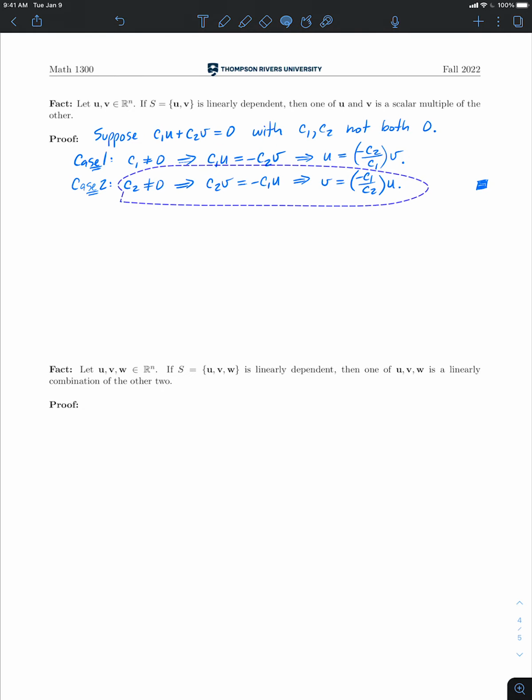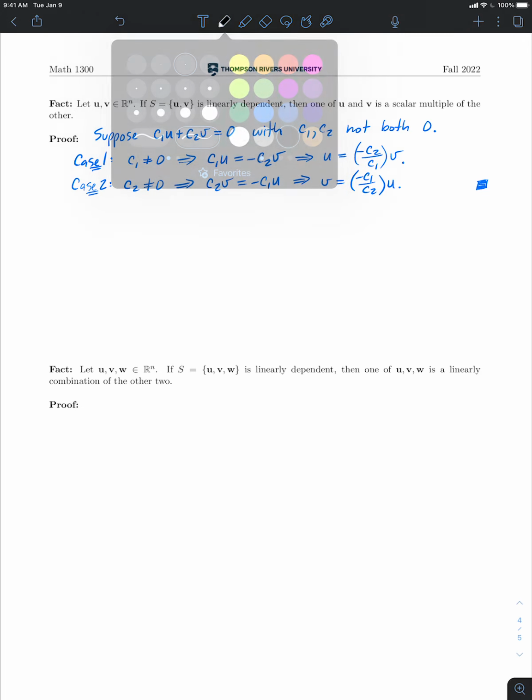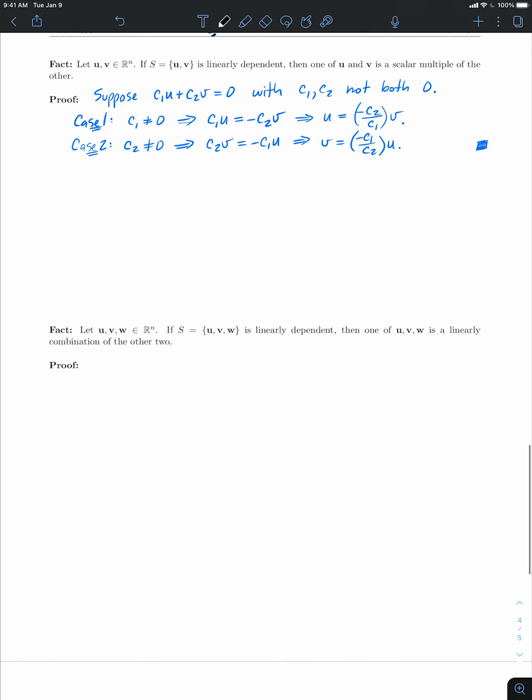The reason I've squished this all into the top here is because I want to leave room to draw a picture. If we were dealing with two-dimensional space, which is the easiest one to think about, you'd have a situation like this, and I'll put another copy over here. Let's draw what two vectors in R2 that are linearly independent might look like.